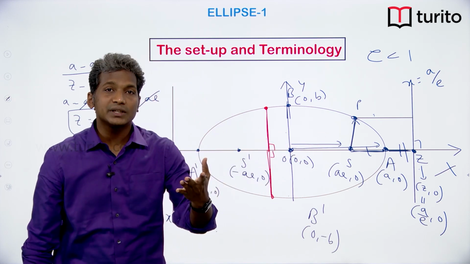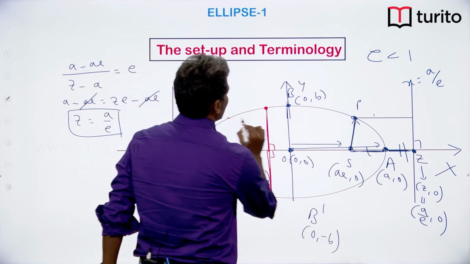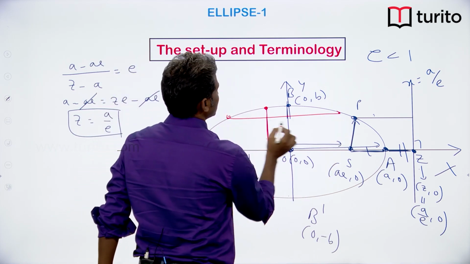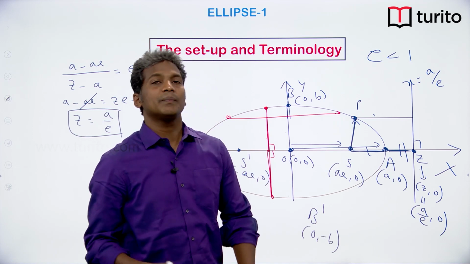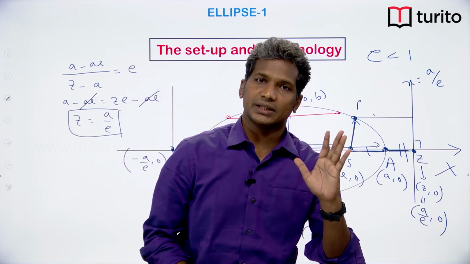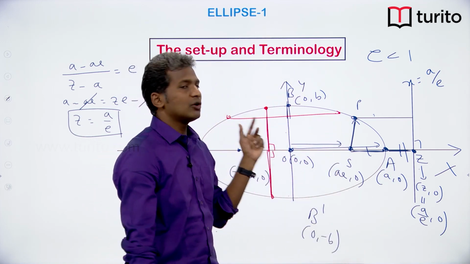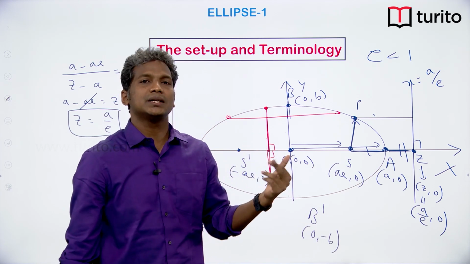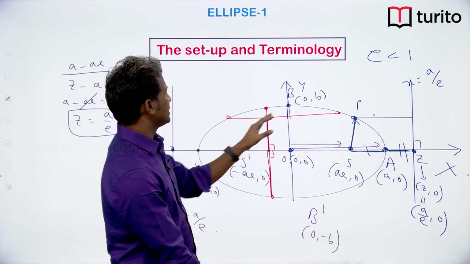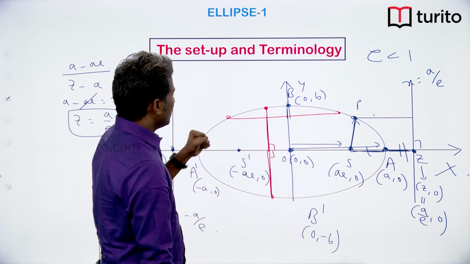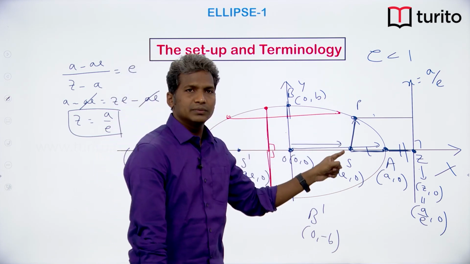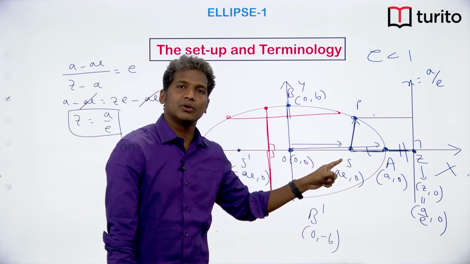So double ordinate means chords parallel to the y axis. What about double abscissa? It is the chord parallel to the x axis. What is the meaning of abscissa? The perpendicular drawn to the y axis. There are two perpendiculars involved here, hence it is a double abscissa. The latus rectum is also one of the double ordinates.